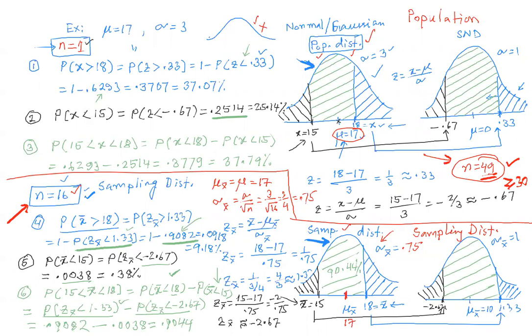Any question, anybody, about this? Yeah, I have a question about one of the first problems. I think the only thing I screwed up about that answer was that I didn't do 1 minus 0.6293. So when do you have to do 1 minus the given value? It depends where you are. If you're looking for the area to the right, then you have to subtract from 1.